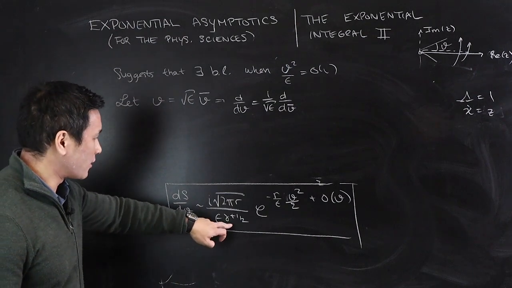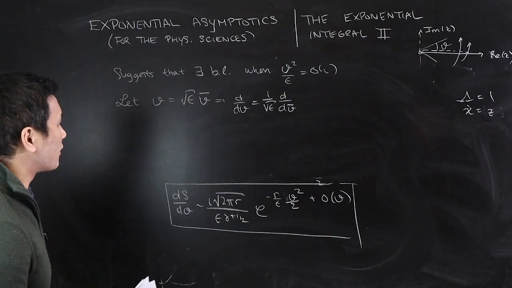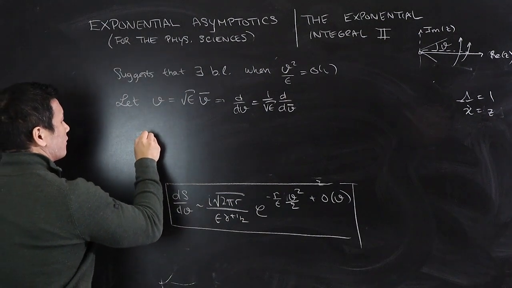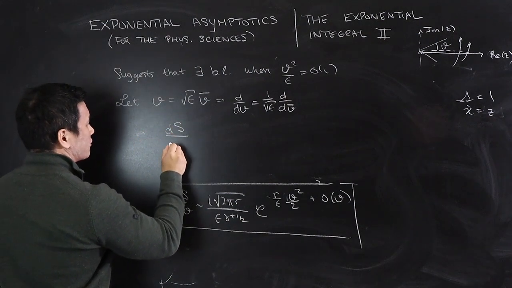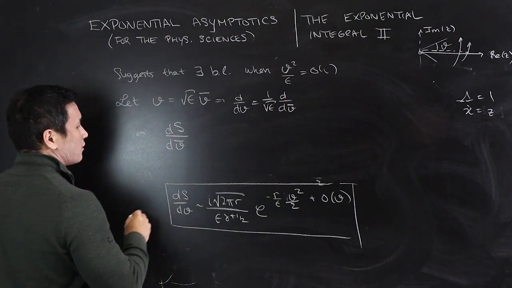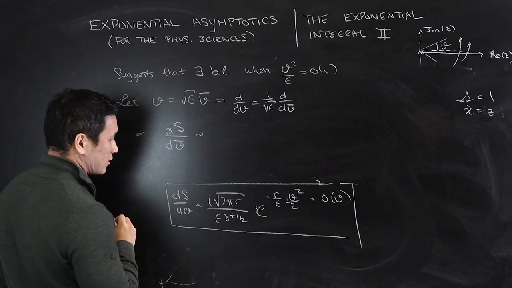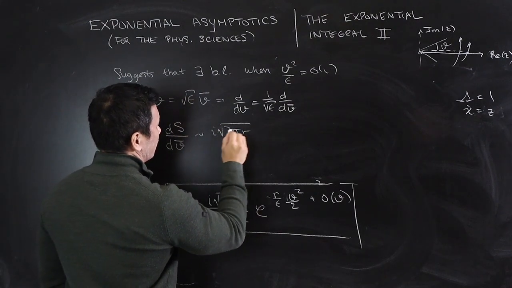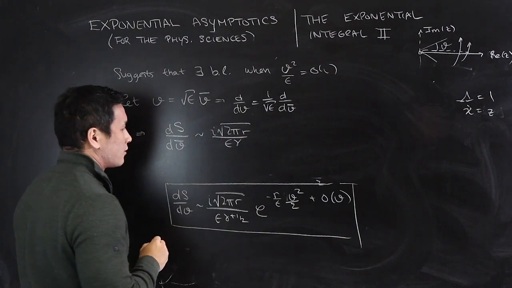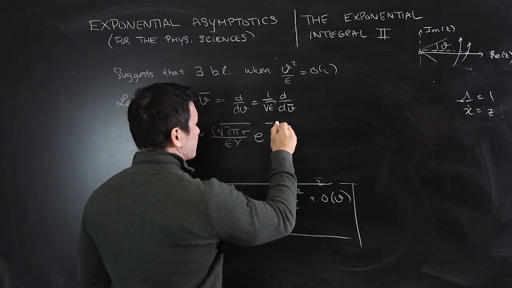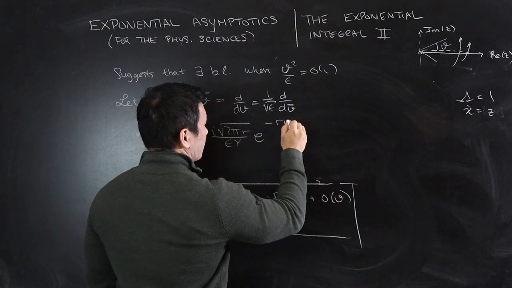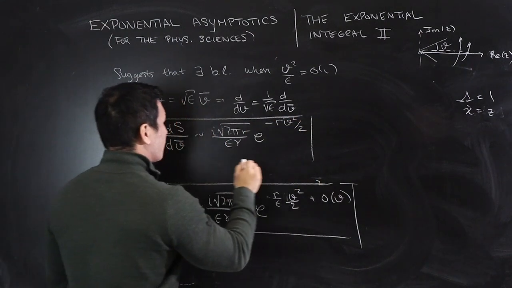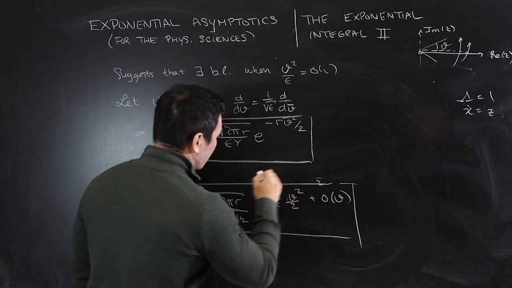Okay, and then that will cancel the epsilon to the 1/2 there. And then this will basically give me that the rate of change of the factor s is essentially i times root 2 pi r over epsilon to the gamma times e to the minus r theta bar squared over 2. And there's our Gaussian looking thing.